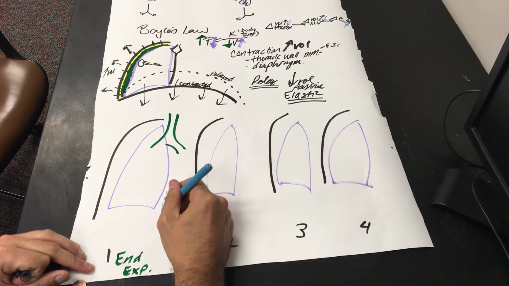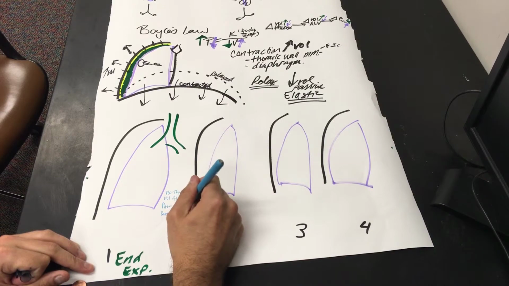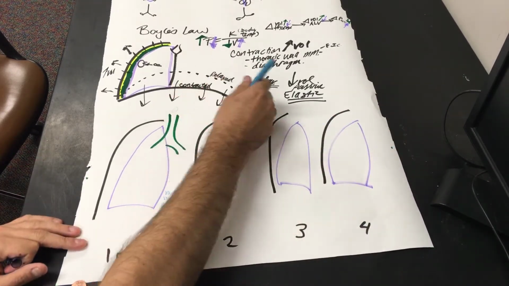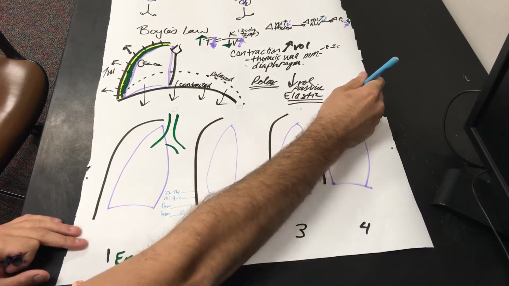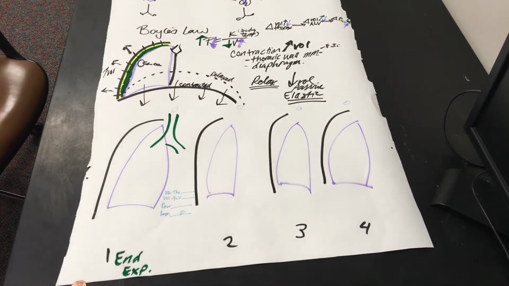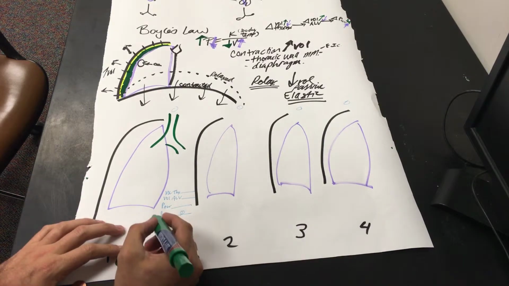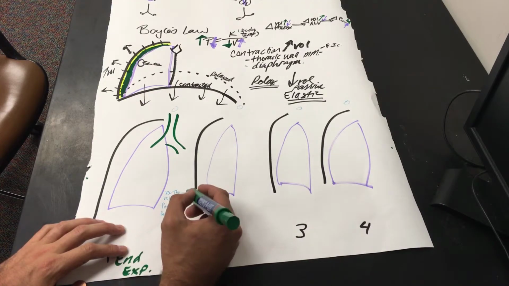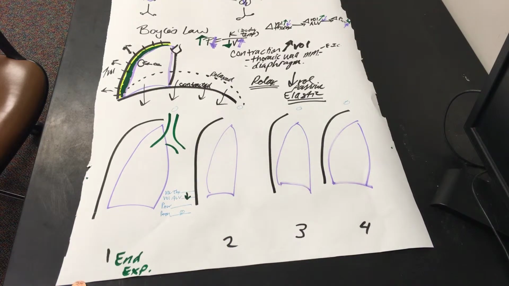And the atmospheric pressure is standard, it's 0. That's what we call it, at least for the purposes of this diagram. So at the end of expiration, the volume of the alveolus is low because it's been emptied.